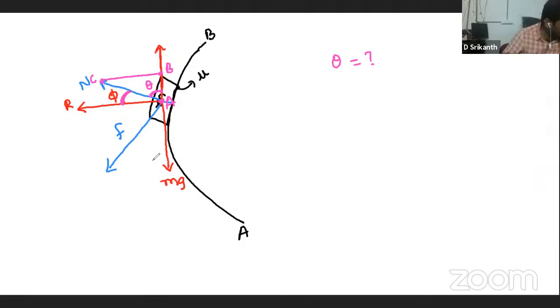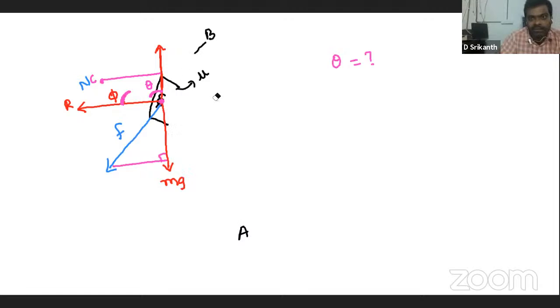Similarly, I'll draw a perpendicular downwards. Here it is perpendicular, right? Let us consider this point as ABC already.